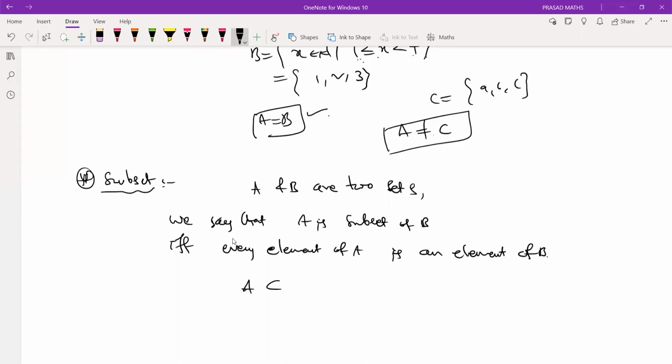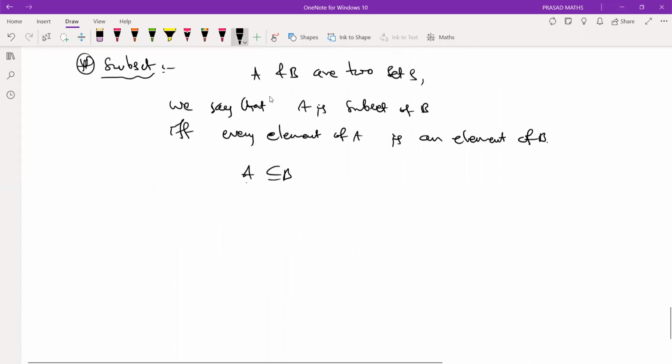So in notation we can write it like this. A subset B means that every element that appears in A is an element of B. If that happens, we can say that A is a subset of B. Suppose we take A equals {1, 2, 3}. What are my subsets?